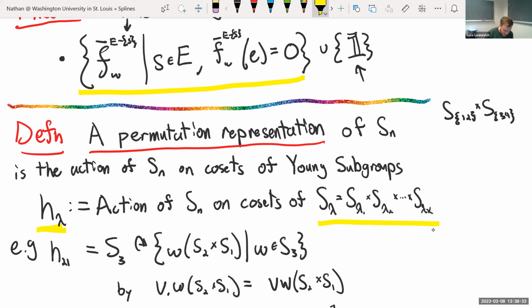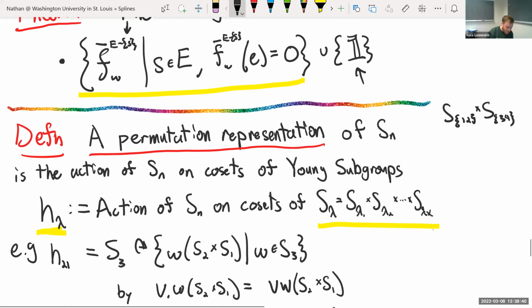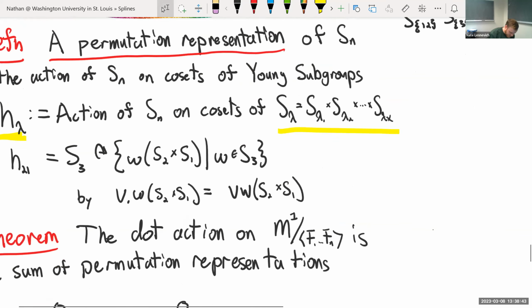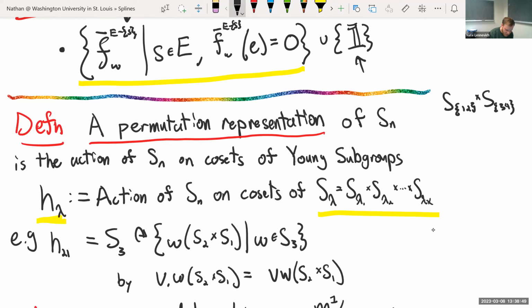So H21 should be the natural left multiplication action of S3 on cosets of S2 cross S1, where S2 cross S1 is really the identity and the transposition (1 2) as it lives inside of S3, because that fixes the third element.